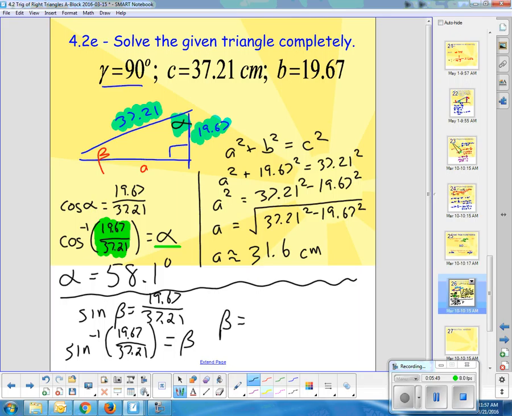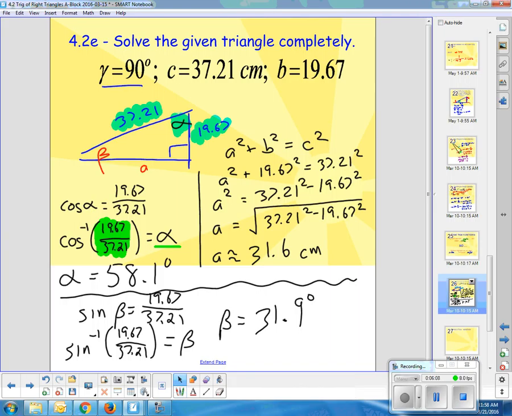Becomes a calculator exercise. And I will have inverse sine of 19.67 divided by 37.21. And my beta is approximately 31.9 degrees. So I got my label on it.